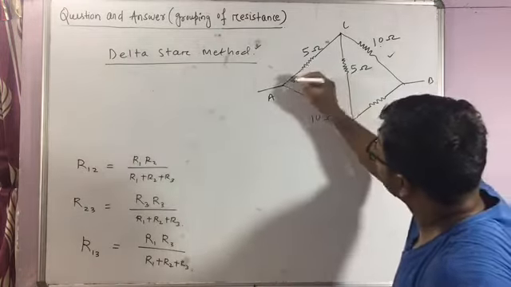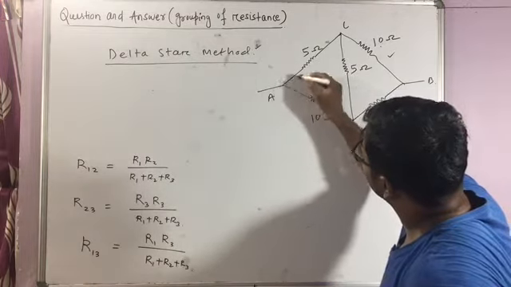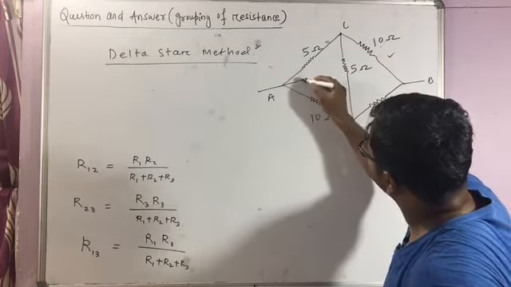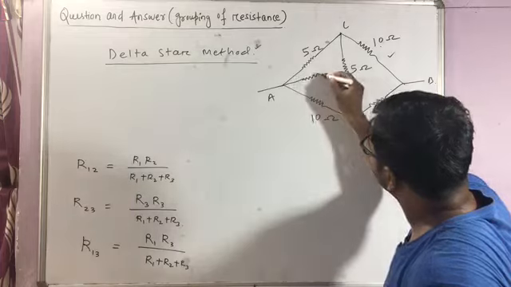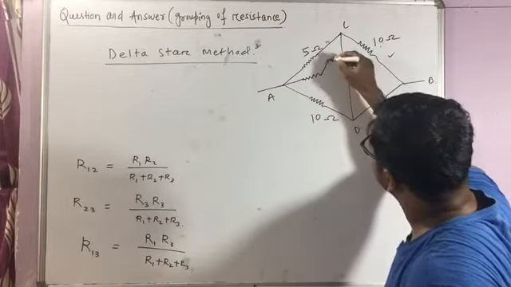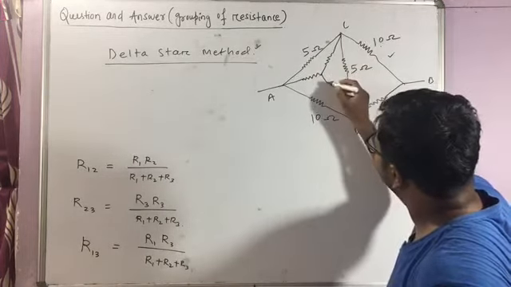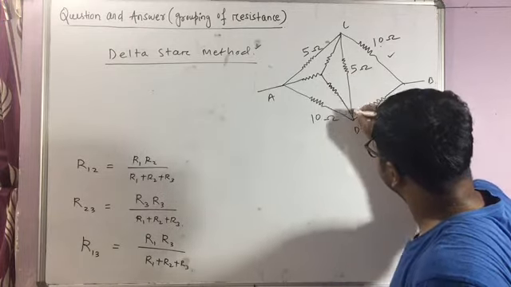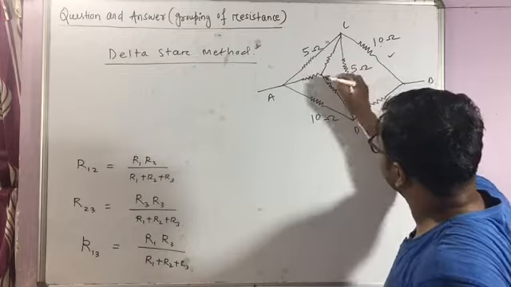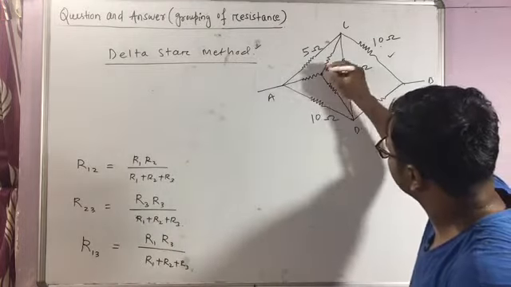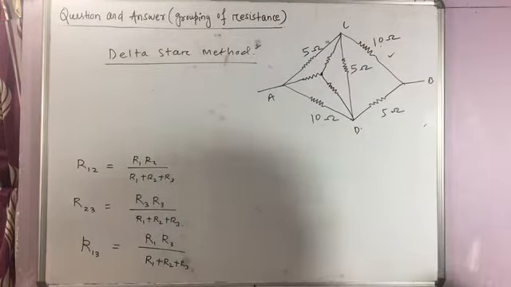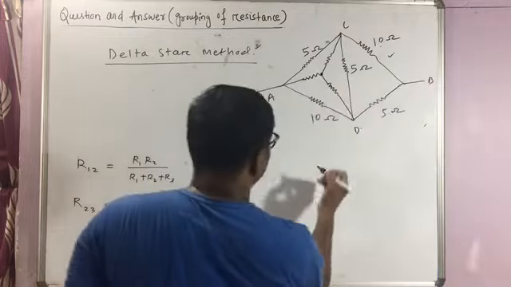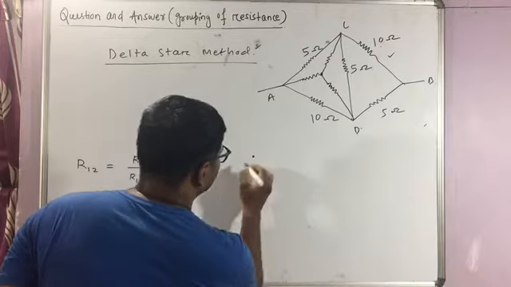So now I can redraw the diagram, see. Like here, in this case, and in this case. This will be the replacement of your delta in terms of a star. Got it? If you draw the diagram, your point A is here.